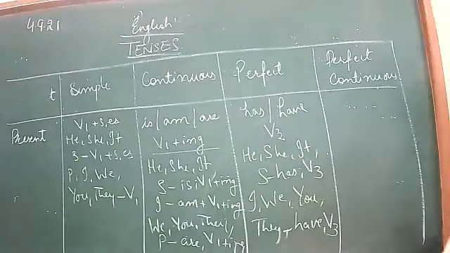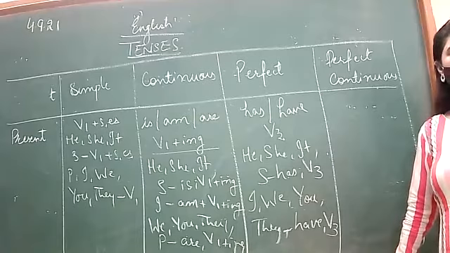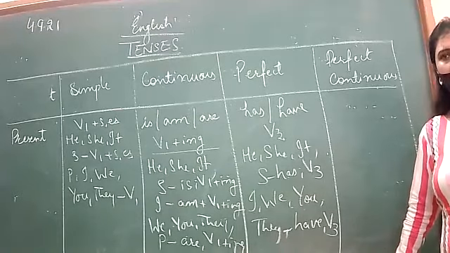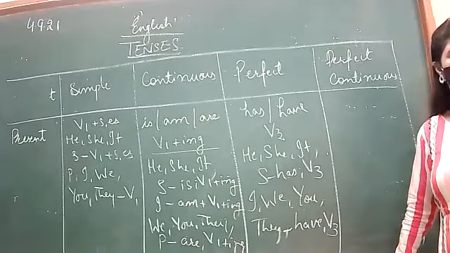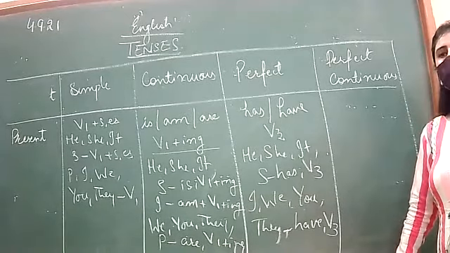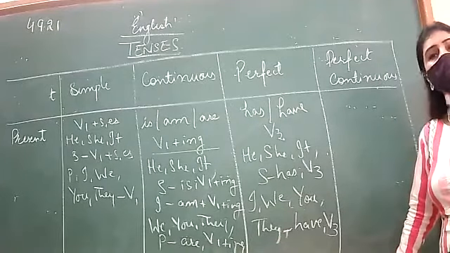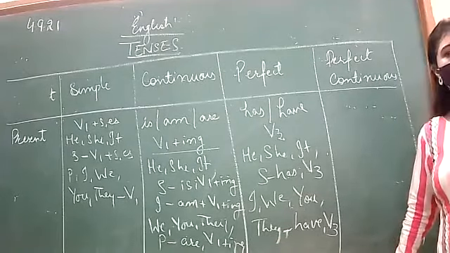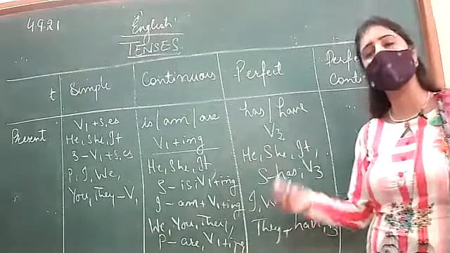For example, they have done the work. I have submitted my assignment. He has a pen. But that has is used as possession. This is not a perfect tense. Where is the third form of the verb?